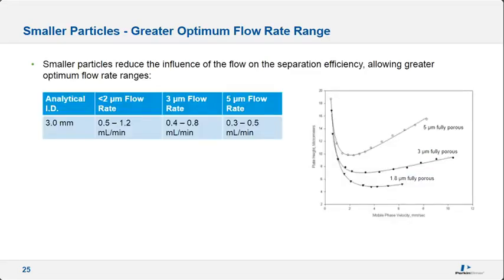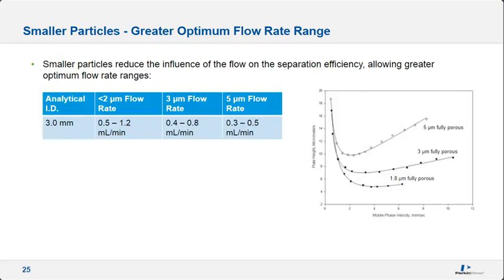Smaller particles have a greater optimum flow rate range. Smaller particles reduce the influence of flow on the separation efficiency and allow greater optimum flow rate ranges. An analytical column with a 3 millimeter ID has a flow rate range in the sub-2 micron format of anywhere from 0.5 to 1.2 milliliters per minute.